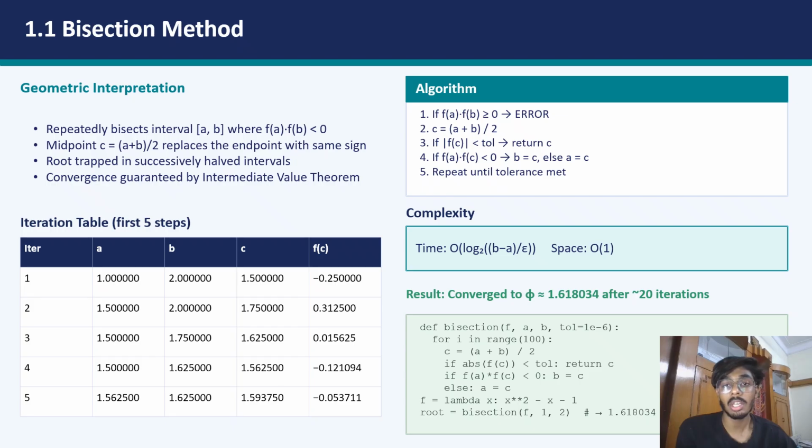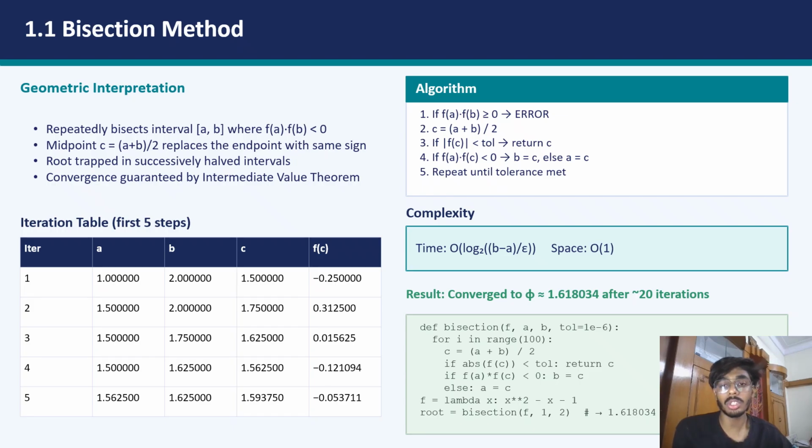If mod of f of c is less than tolerance, we return c, else we continue. If f of a dot f of c is less than 0, then we substitute the value of b with c, else we substitute the value of a with c, and repeat until we get the tolerance. The time complexity is order of log base 2 of (b minus a) divided by tolerance, and the space complexity is order of 1.